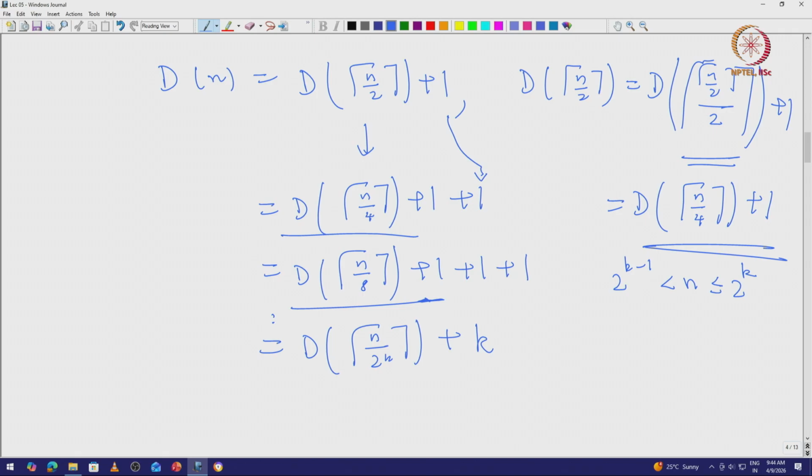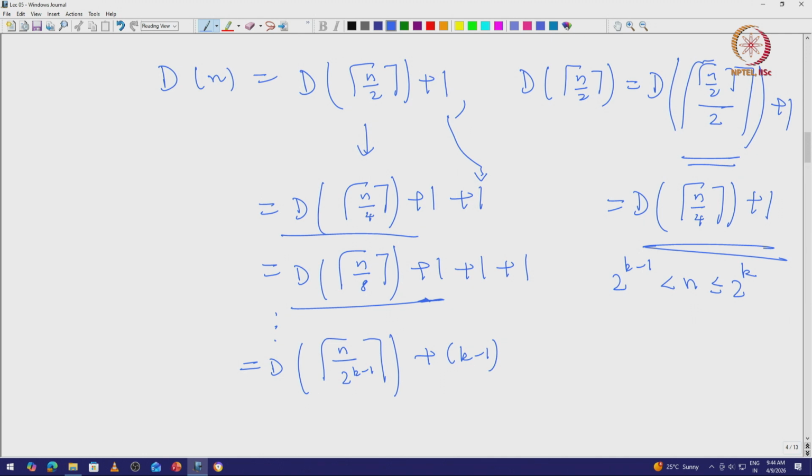So, we will go only up to k minus 1 stages, for the sake of our completion. Going k minus 1 steps, d of n is equal to d of ceil n by 2 power k minus 1 plus k minus 1.